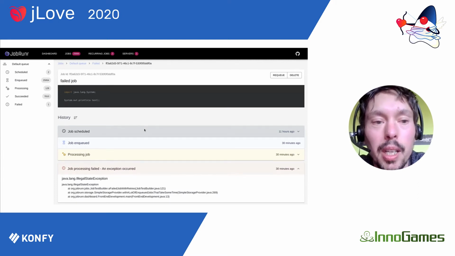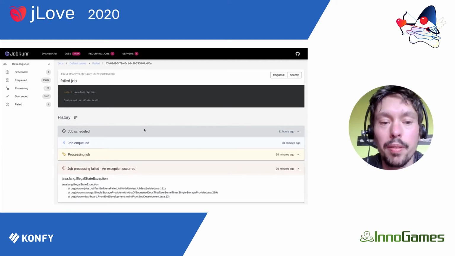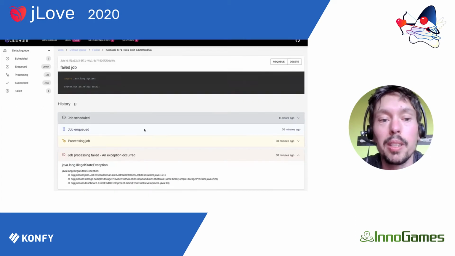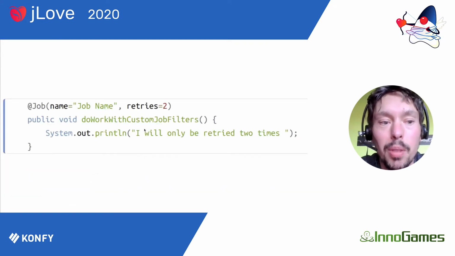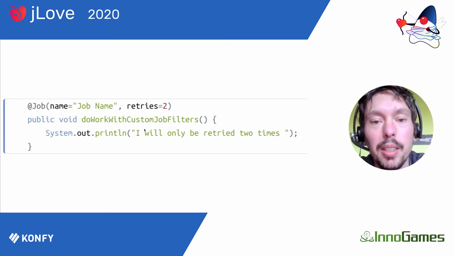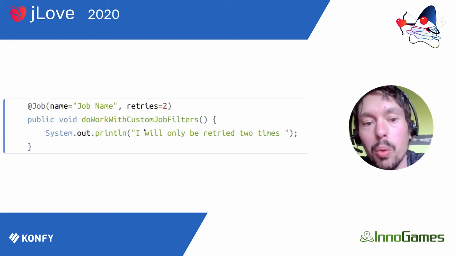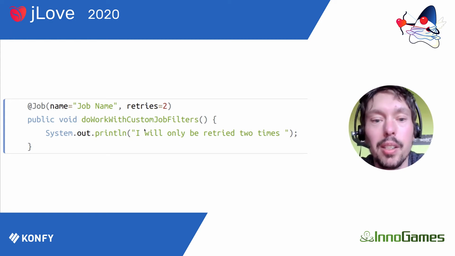So you don't need to do anything for it. If you don't want to do it 10 times, but only 2 times, for example, you can do that easily with a job annotation where you can also specify the name which will be visible in the dashboard and the number of retries that you want. But 10 is the default.